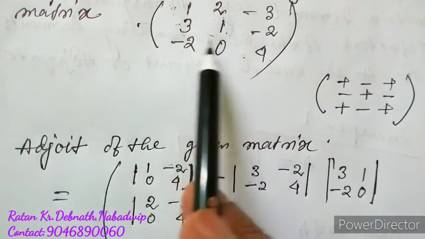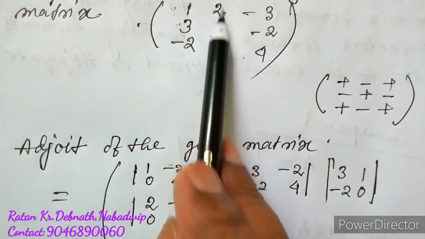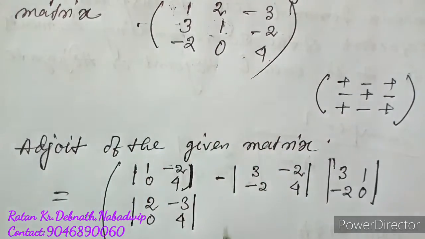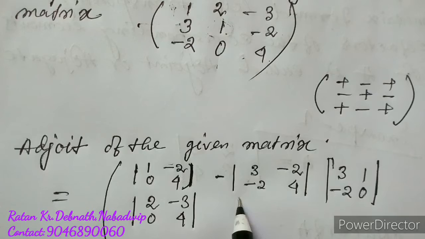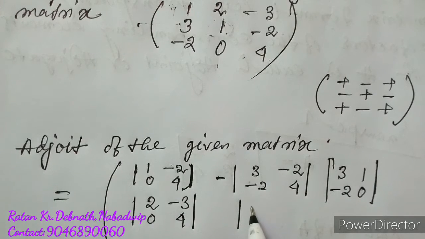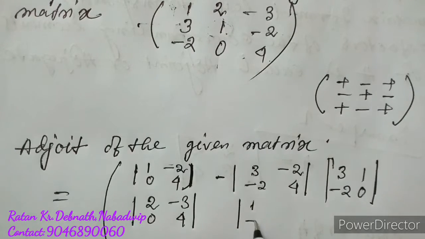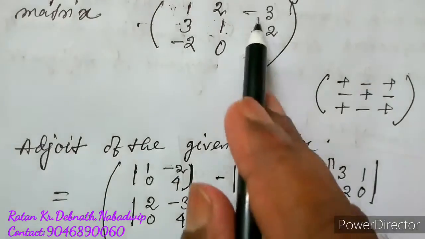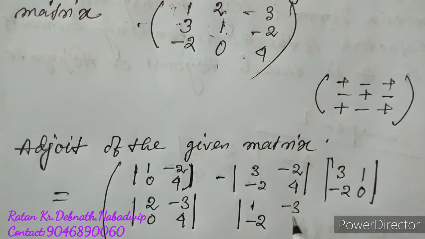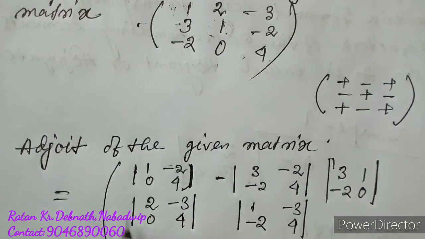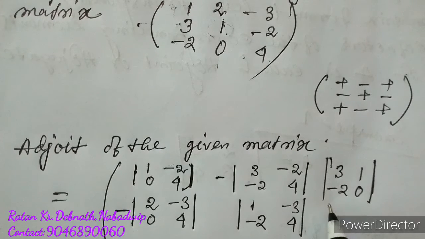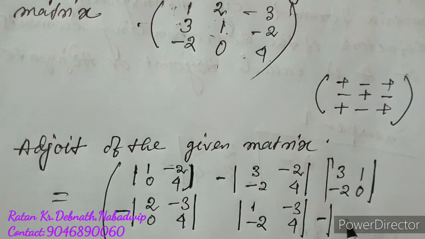Cofactor of 1, this row suppress, this column suppress, 1 -2 -3 4, this sign will be negative.